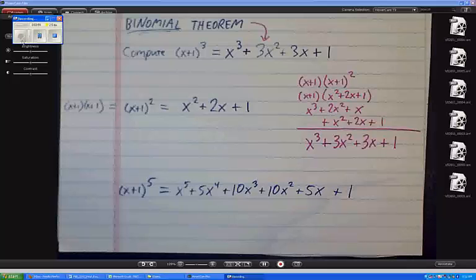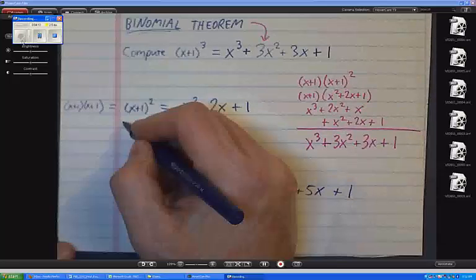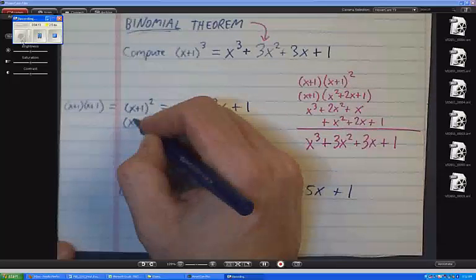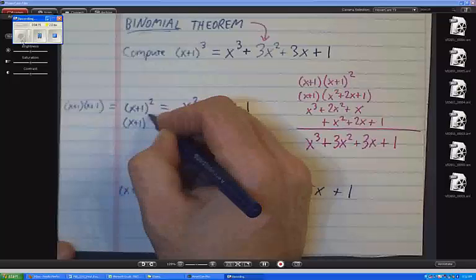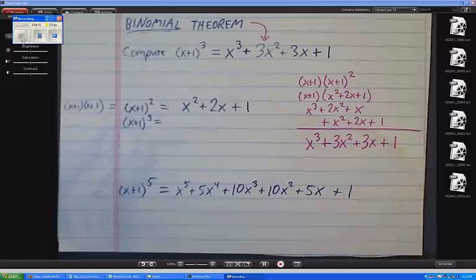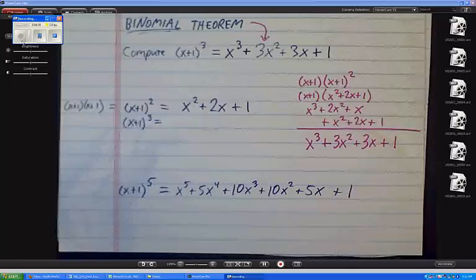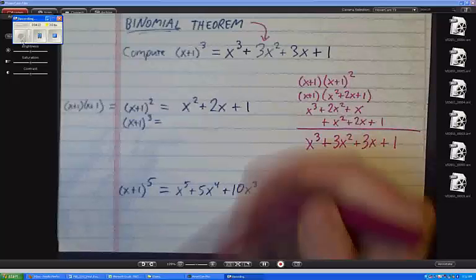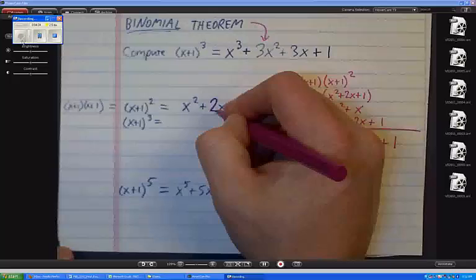How? Well, the binomial theorem. Let me show you how. And it all comes down to recognizing patterns. Okay? Now, let me write down right here x plus 1 to the 3rd power. Okay? And I'm going to do some highlighting. I want to point out that this was a 2 and this is a 1.